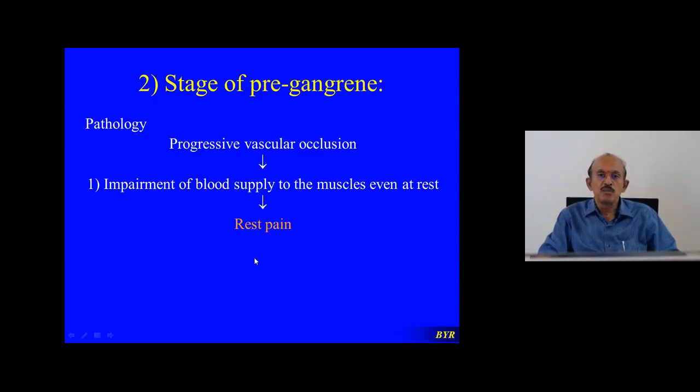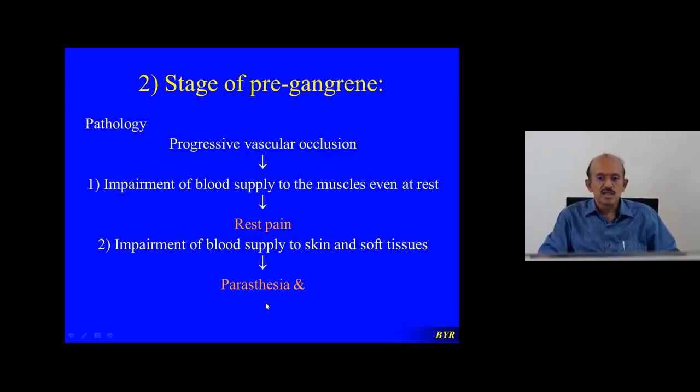This produces pain in the muscles during rest also. That is why it is called rest pain. Then there will be impairment of blood supply to the skin and soft tissues. This causes paresthesia and skin color changes and later chronic ulcers.